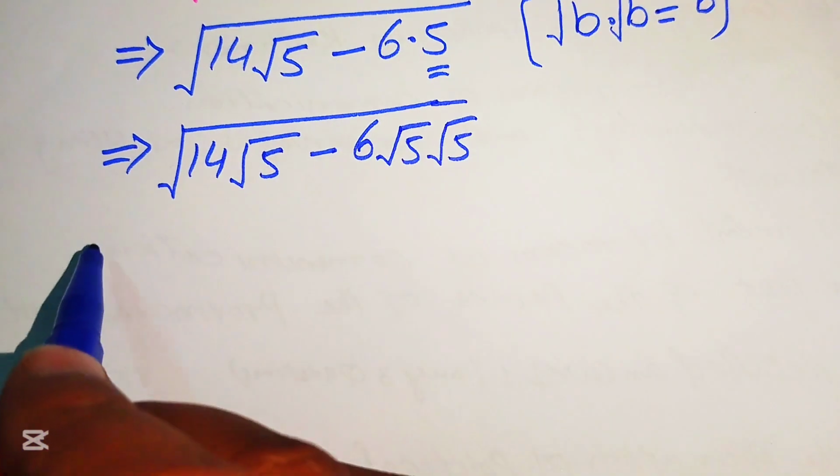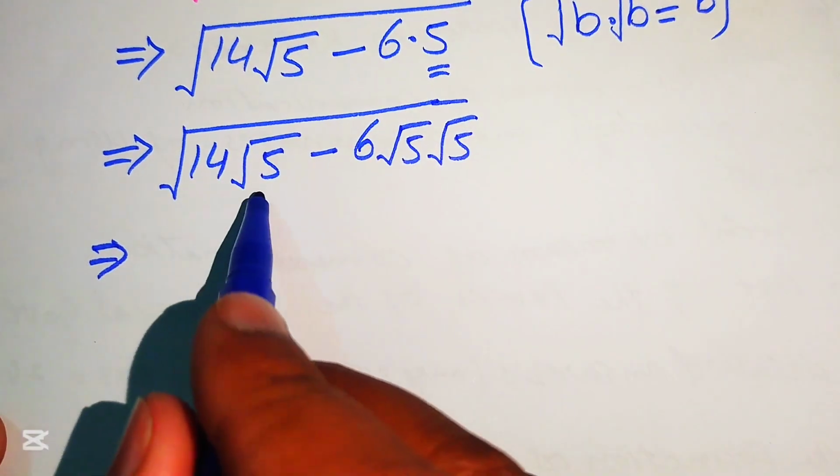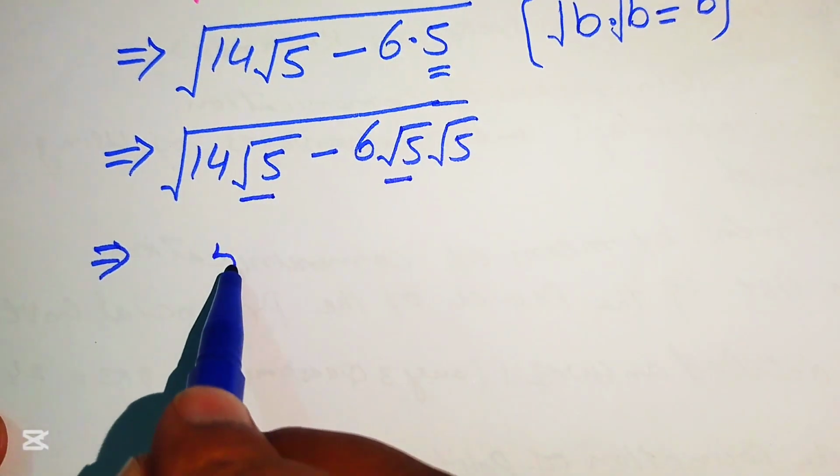Now you see that the square root of 5 is the common term.